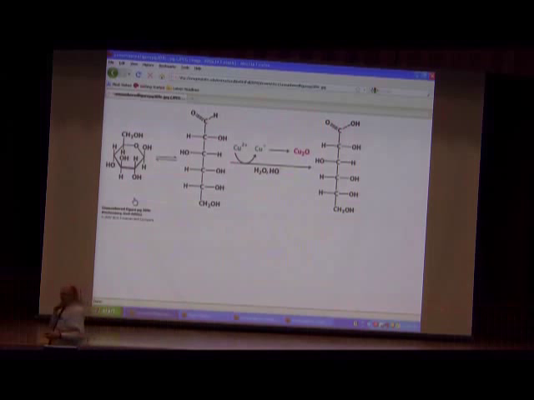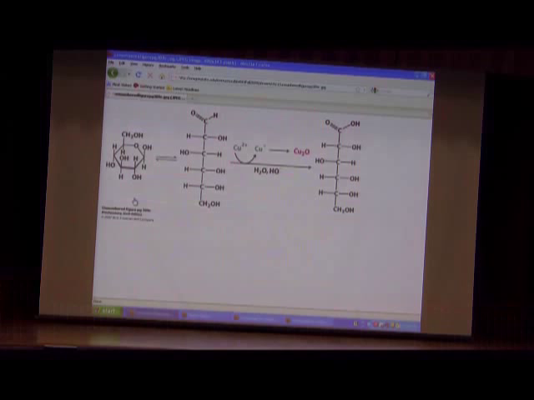Now, the important thing with respect to oxidation is that this guy can be oxidized. When it becomes oxidized, it goes to an acid. Wherever there's an oxidation, there's an equal and opposite reduction, because oxidation involves the loss of electrons. Those electrons have to go somewhere, and whatever they go to, they reduce.